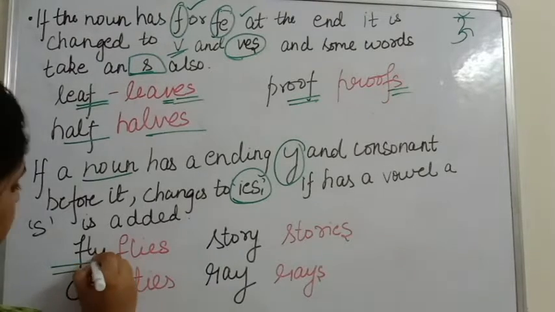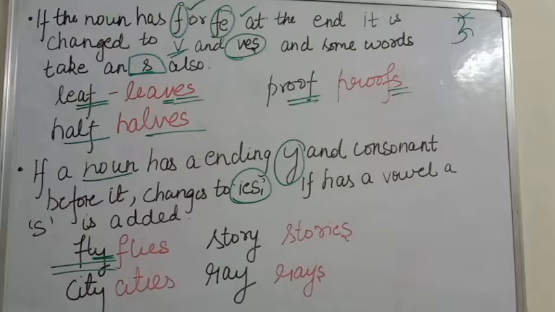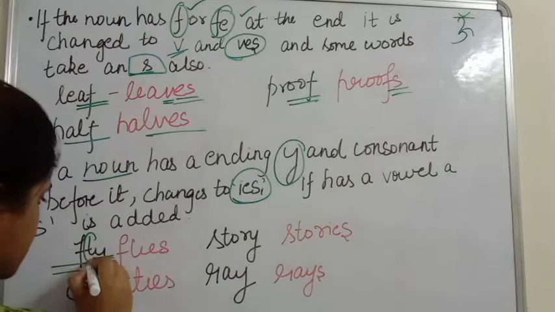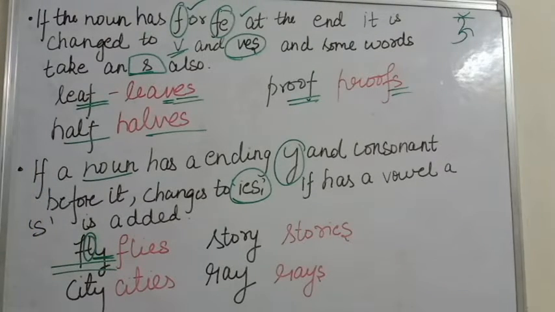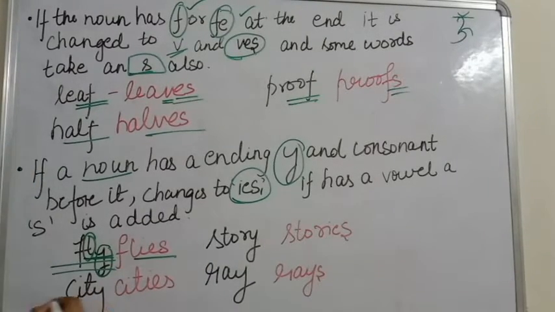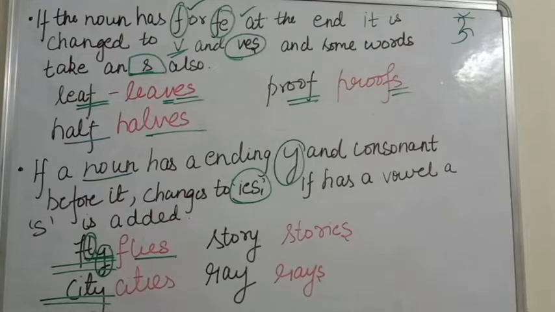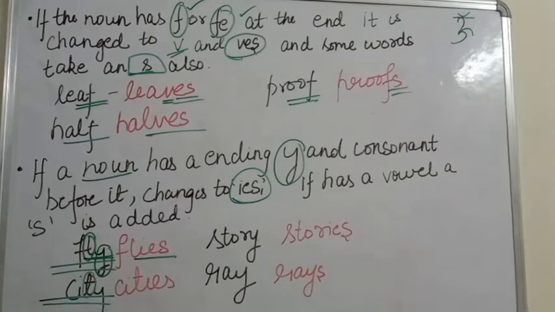It is ending in Y, but it has a consonant L. That is why this Y over here is changed to IES. Similarly with city: Y at the end, consonant before that, so Y is changed to IES.